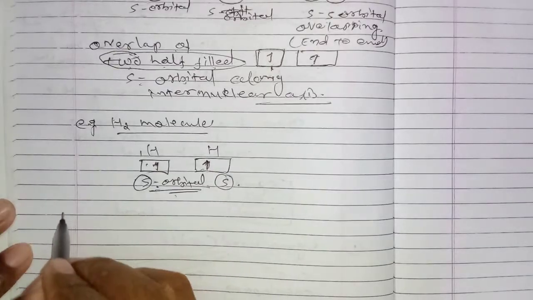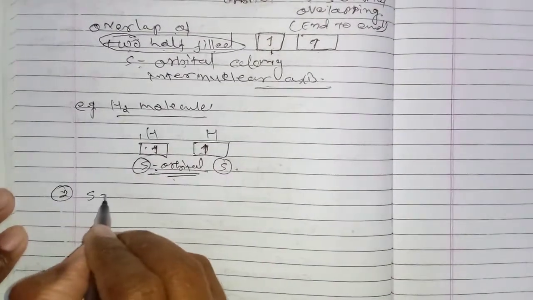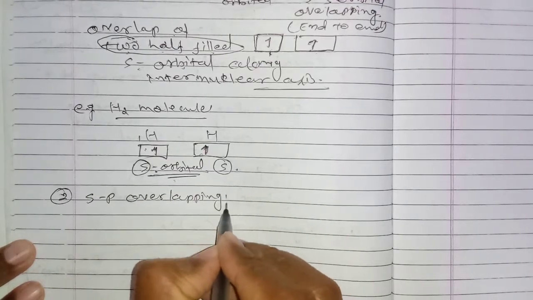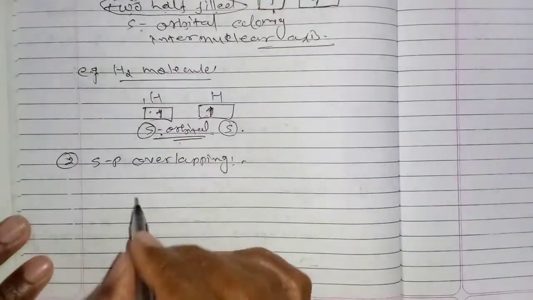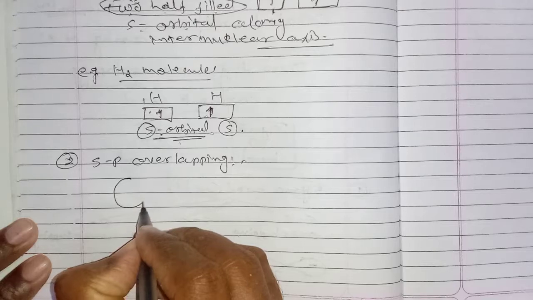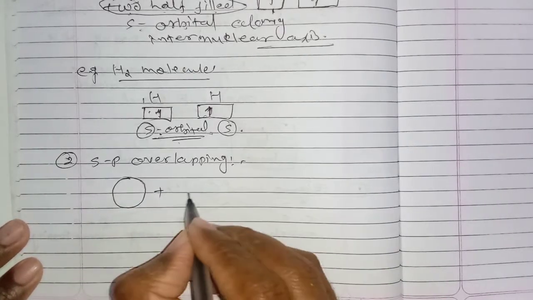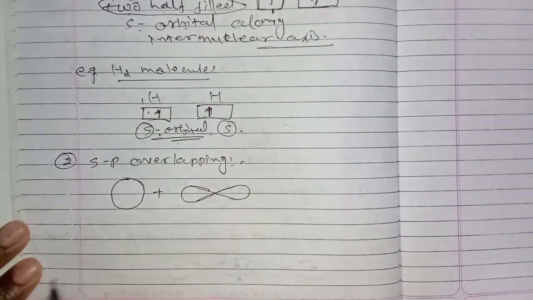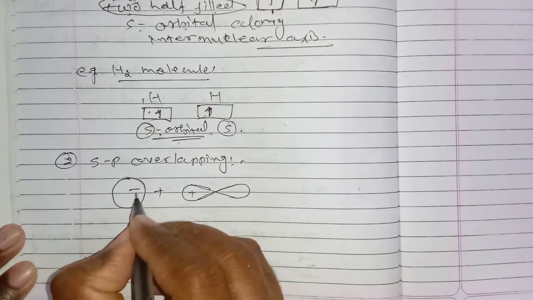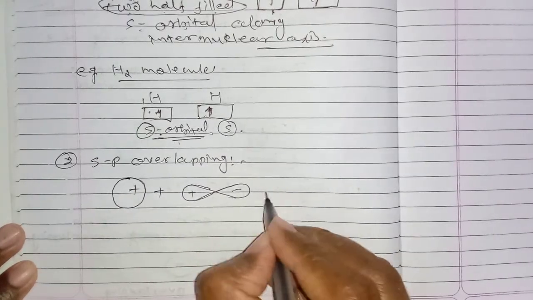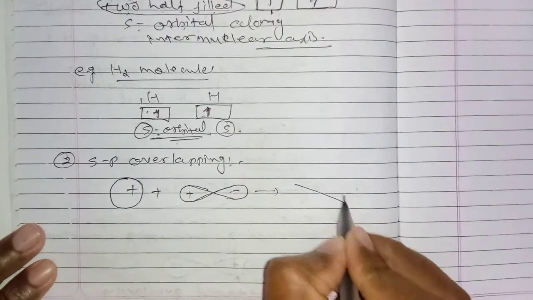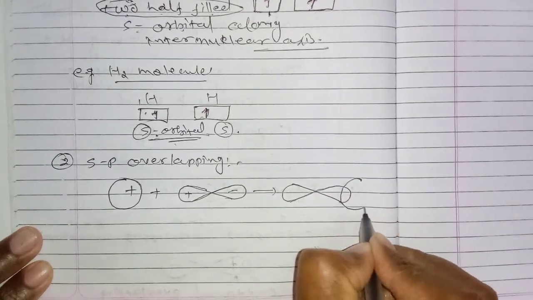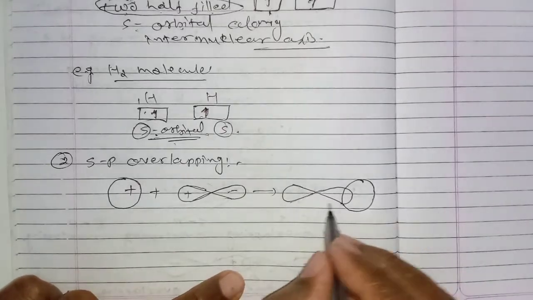Now the second is s-p overlapping. The s orbital has a spherical shape and the p orbital has a dumbbell shape, and they overlap here. So it is called s-p overlap.